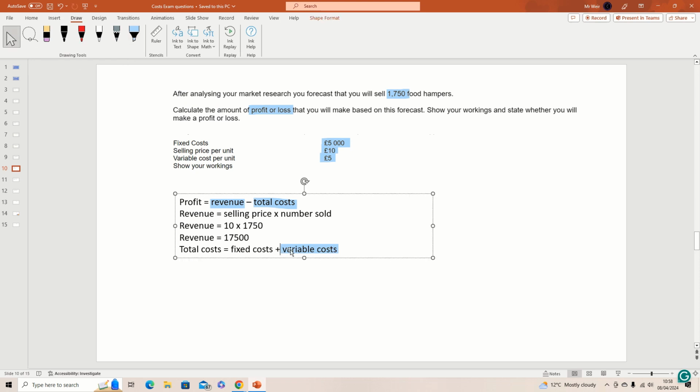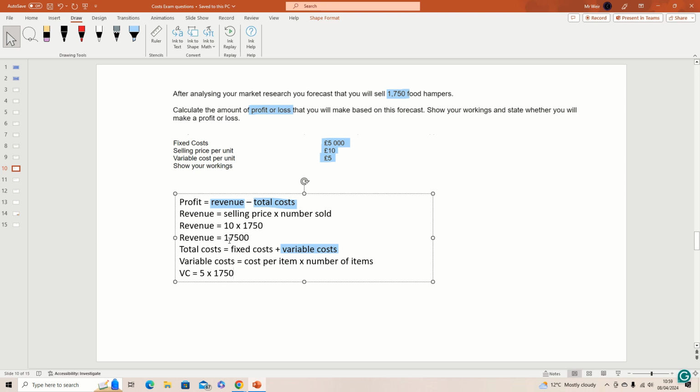So to work out our variable costs, we need to multiply our cost per item times number of items. I'm going to do VC for short, is £5 per unit times 1750.